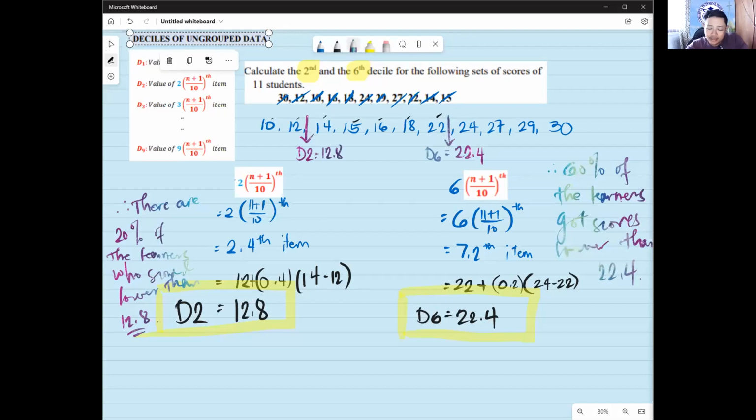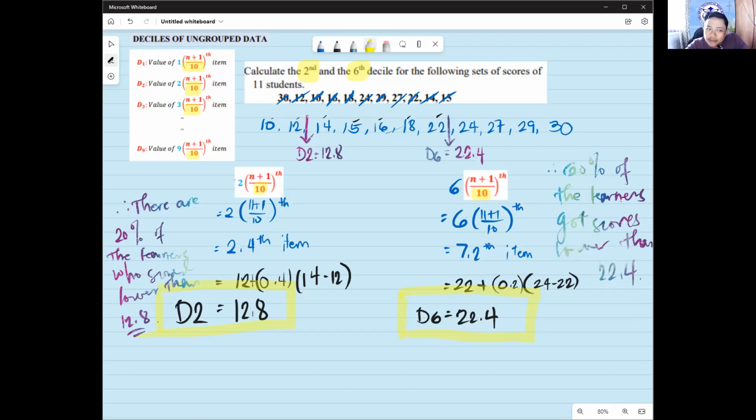One thing you need to consider: for the deciles, your denominator should always be 10 because you only have 10 parts for your deciles. Show me a reaction if that's clear.